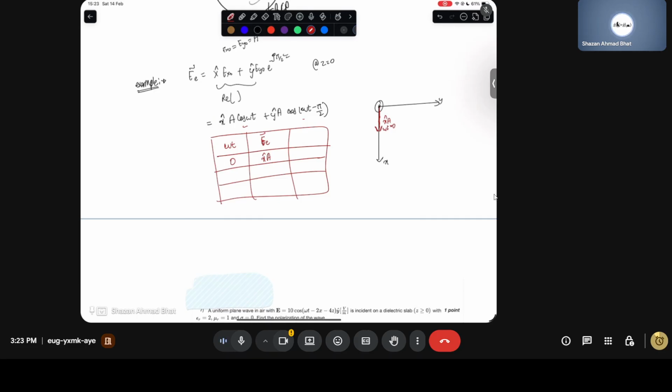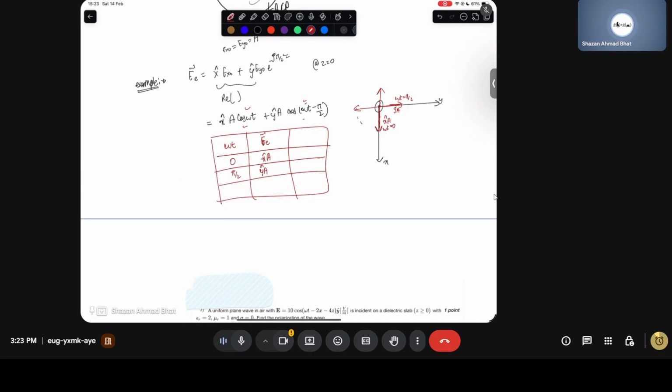Now at omega t equals, let's say, pi by 2, you know that this will vanish. This will go to y cap A. That means it will be y times A, something like this, at omega t equals pi by 2. Similarly, at omega t equals minus pi by 2, it will be like this. Omega t equals pi, it will be something like here.